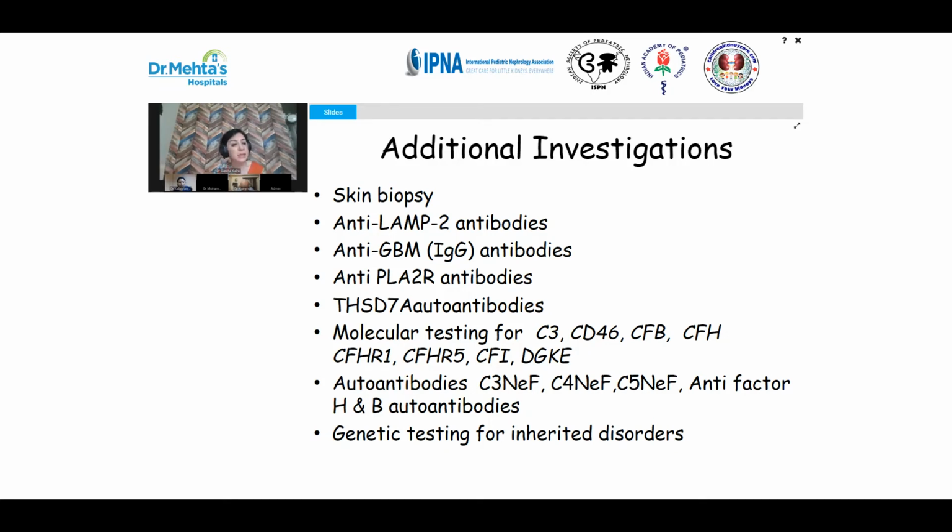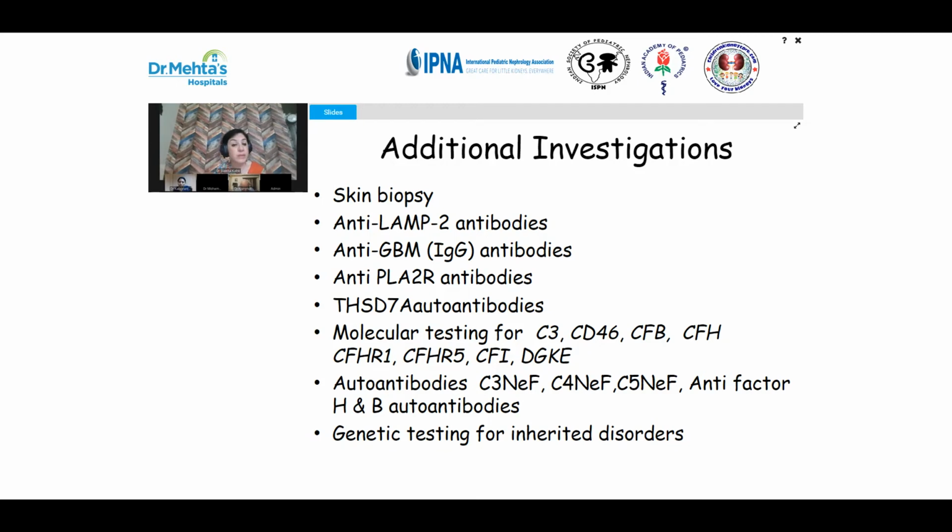Similarly, anti-GBM antibodies, when the GBM is primarily involved in a child who undergoes biopsy. Then other testing for antibodies like anti-phospholipase A2 receptor antibodies and thrombospondin type-1 domain-containing 7A autoantibodies in children with membranous nephropathy, though it is very rare in children and far more common in adults.